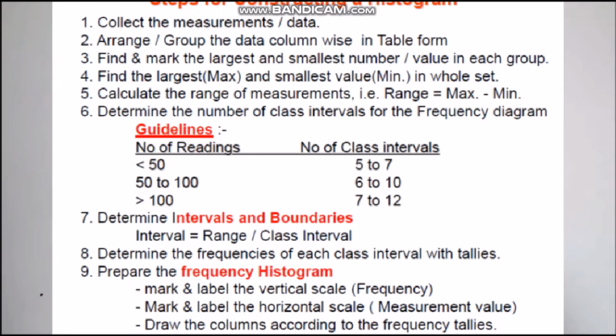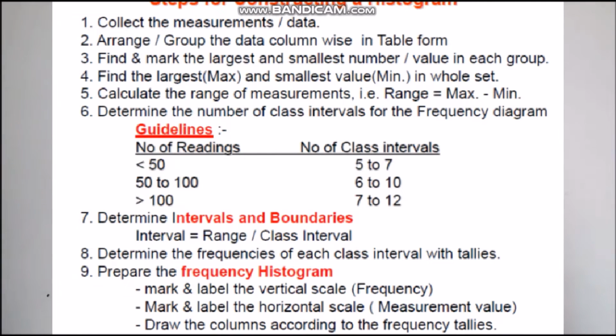Today I will talk about the way to construct the histogram. Okay, number one, before you construct the histogram, you need to collect the measurement of the data. Secondly, you need to arrange and group the data in columns in table form.